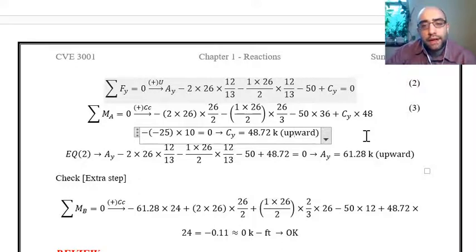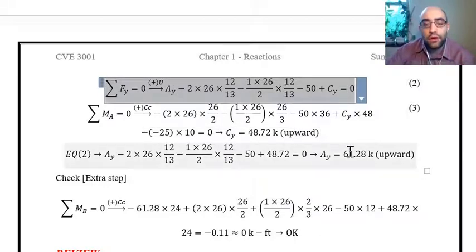I can go back and use this equation, summation of forces in y direction equal to 0, to find the other reaction, or Ay. Cy is found over here, so I can return it to equation 2, as you can see.